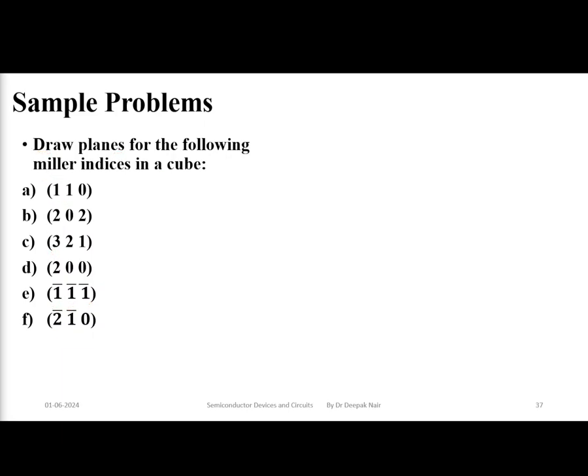Remember, these bars represent negative numbers, so it is -1, -1, -1. So how can we draw the planes using Miller indices for these? First of all, let us talk about 1, 1, 0.